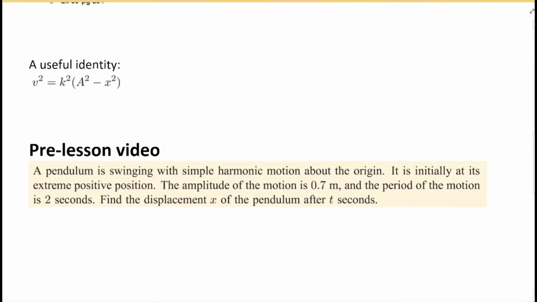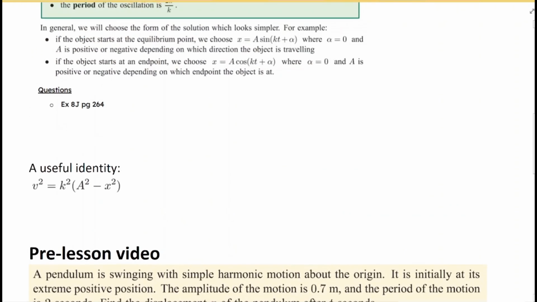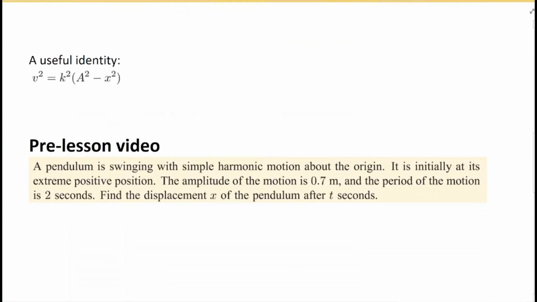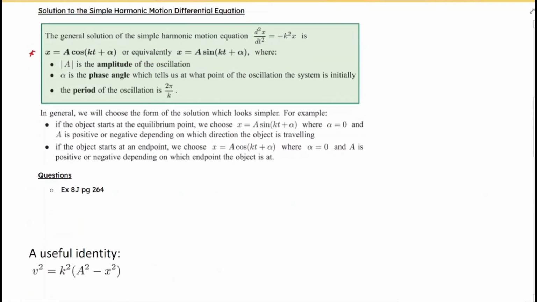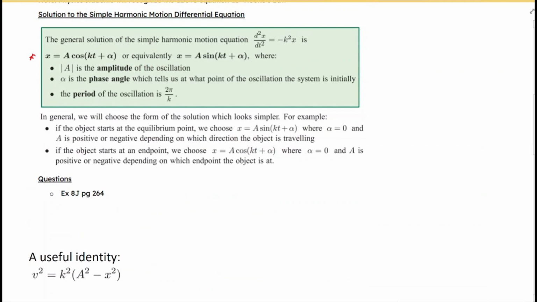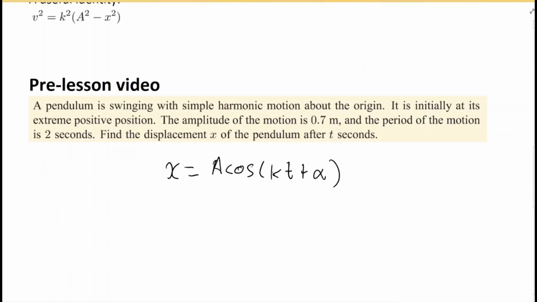So let's do this example here, and we're going to just be plugging in our trig function. So x equals a cos of kt plus alpha. Now, really importantly, the alpha is the angle where it starts, and in our case, alpha is 0, because it starts at the extreme positive position.